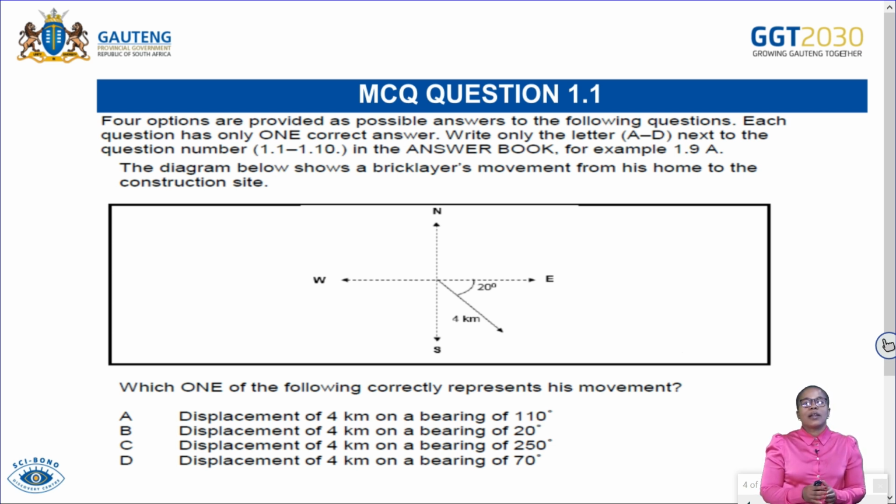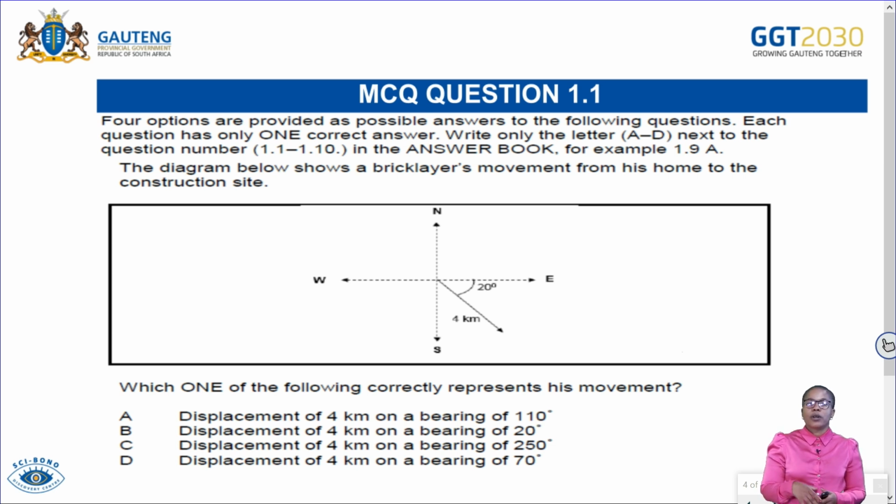Okay, so by looking at the options that are given to us, we've got the bearing. They're giving us the bearing. Okay, because all of us can see that that is 4 kilometers. That is the distance, or rather the movement, of the bricklayer from home. However, we're not sure about the direction, so we need to get the direction correctly. So for you to be able to do that, you remember, okay, I need to have a reference point.